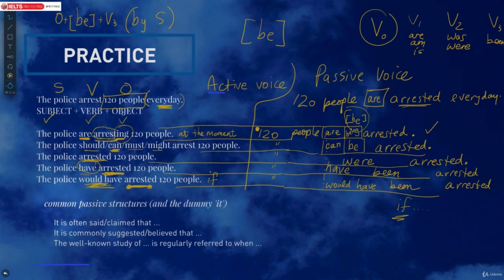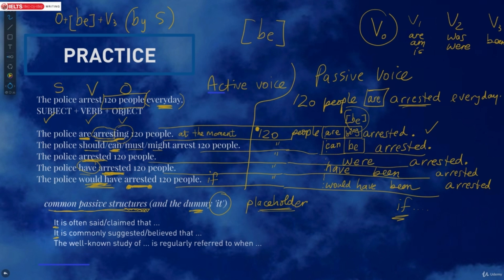Okay. Now, these are very common passive statements, structures that come in more academic writing, and there's something called a dummy it. Dummy means placeholder. So actually what it does is it doesn't actually mean anything. The it just has to be there because English, unlike Spanish or Italian, has to have a subject mentioned to it. I can't just start a sentence with is.